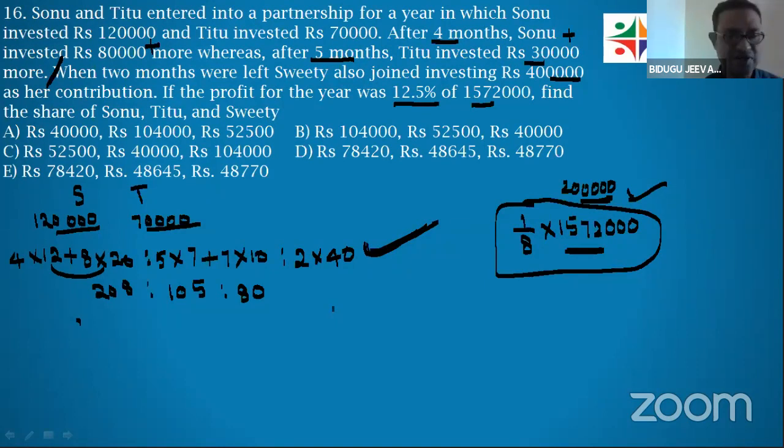So let us do the calculation: 3 ones, 3 threes, 3 ones, 3 fives, 3 twos, 3 fours. Let me keep aside 3 zeros.